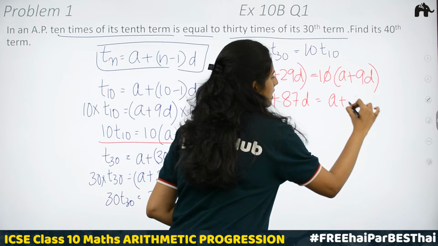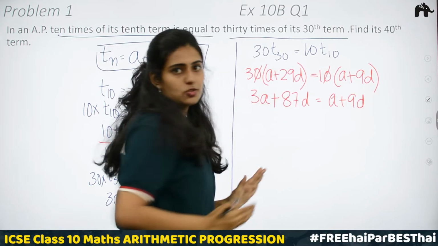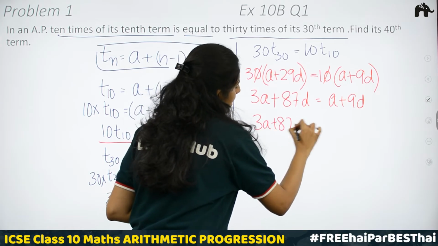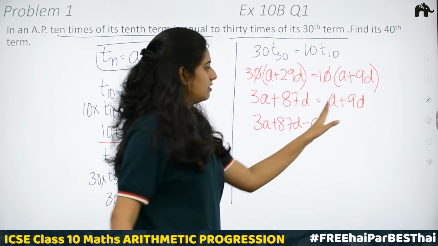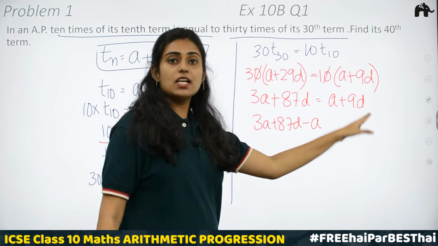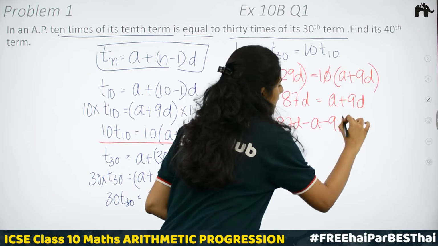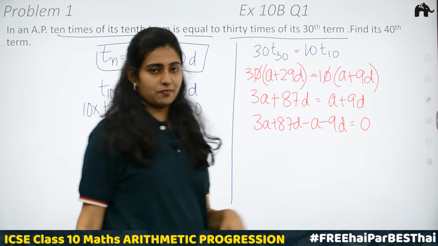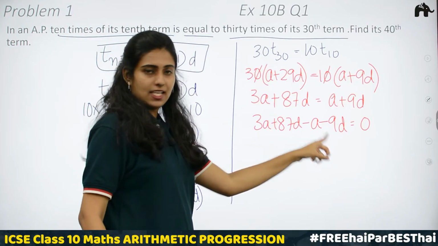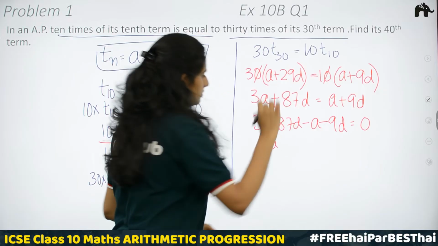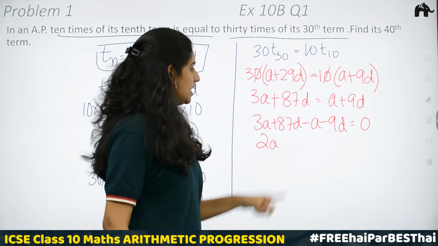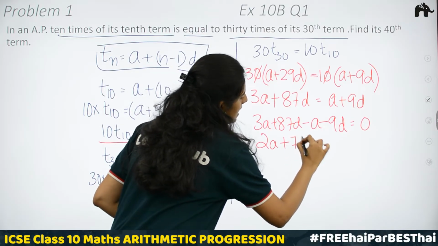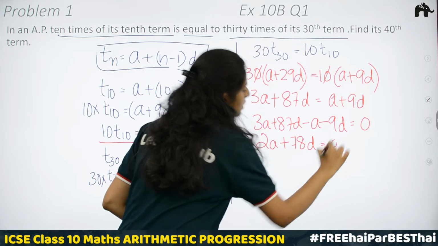Now bringing all the terms to the left hand side, we get 3A plus 87D minus A, minus 9D is equal to, what will be remaining here? 0, correct. 3A minus A is 2A. Next, 87D minus 9D, that is 78D. 2A plus 78D is equal to 0.